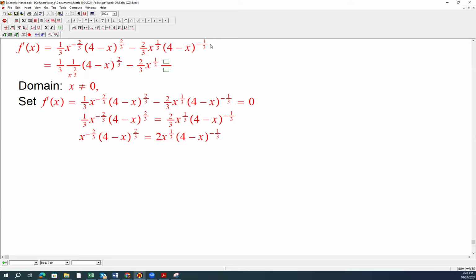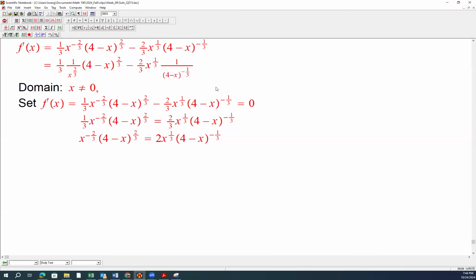However, 4 minus x to the power negative 1/3, if we change it to a positive power, we put it in the denominator, and it becomes a positive exponent. So we got another term in the denominator, and this term cannot be 0. And so that's another point: x cannot be 4.